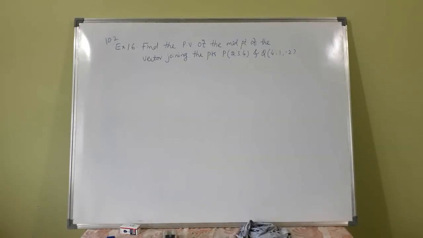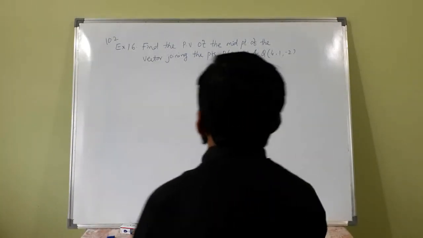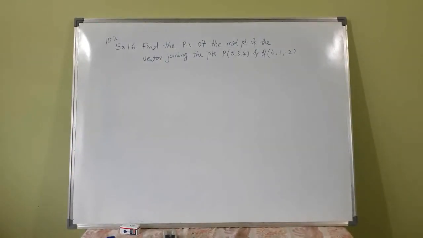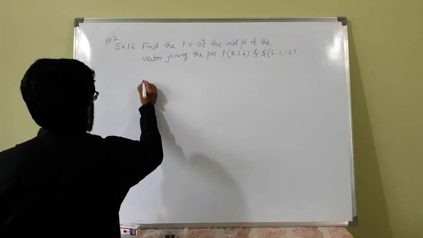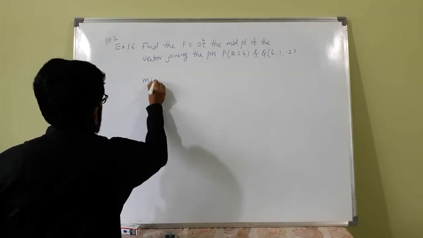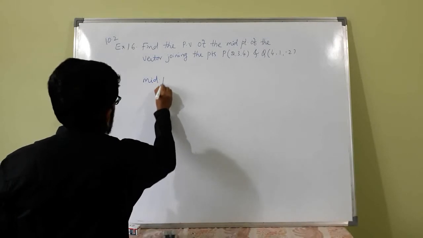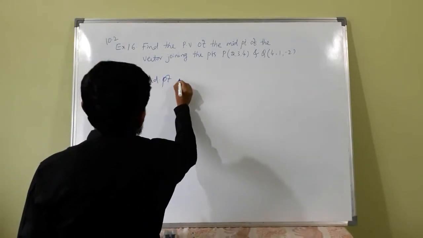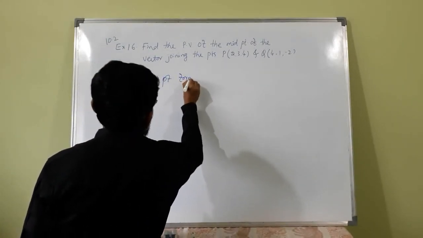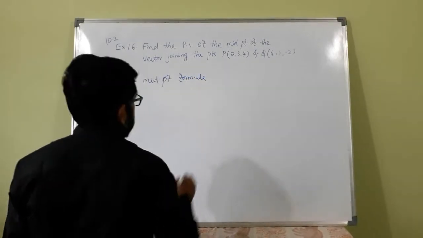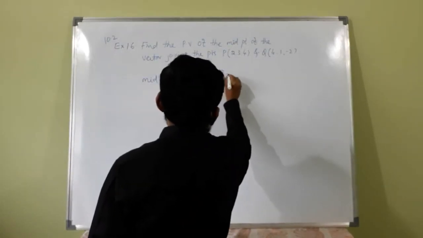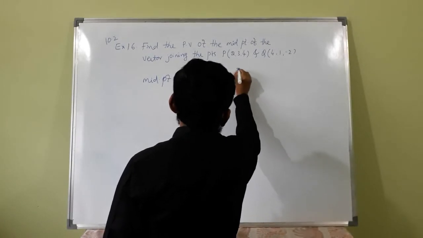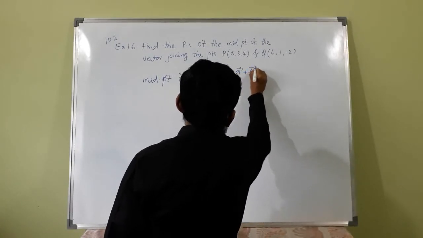Find the position vector of the midpoint of the vector joining the points P and Q. The midpoint formula is R is equal to (A plus B) divided by 2.